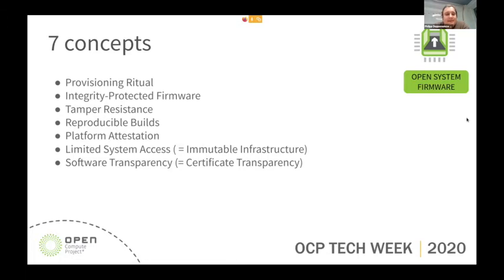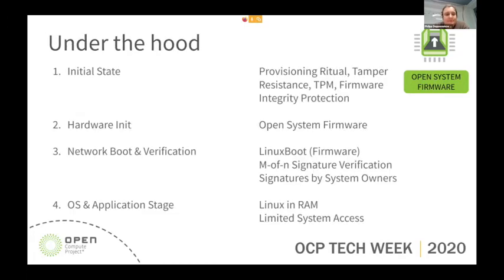The idea is that you have some append-only log, which is similar to a blockchain, where you can log specific information about certificates. In our case, with software transparency, we log the entire boot process. So we put hash values of every part which was executed into this log and make it publicly accessible.